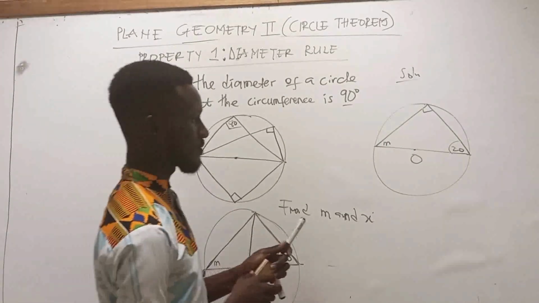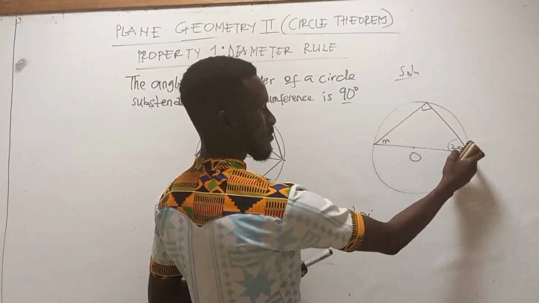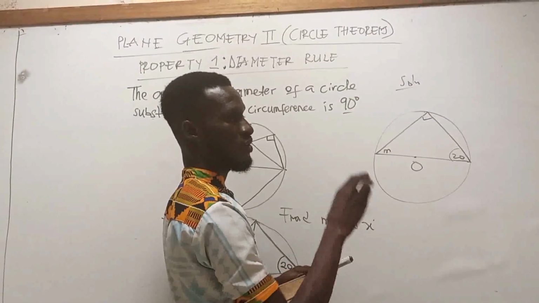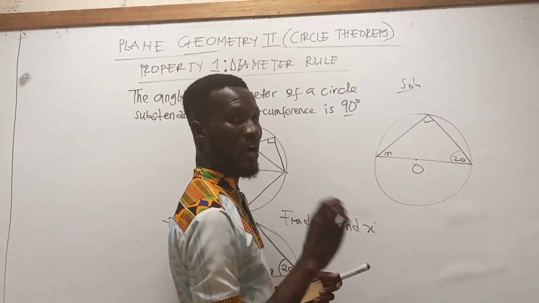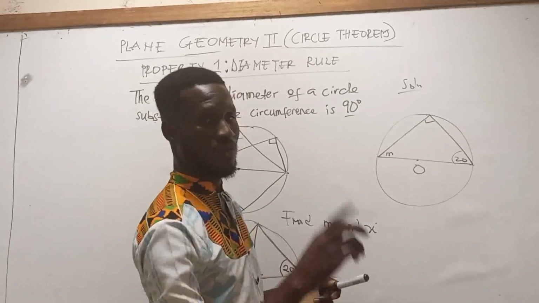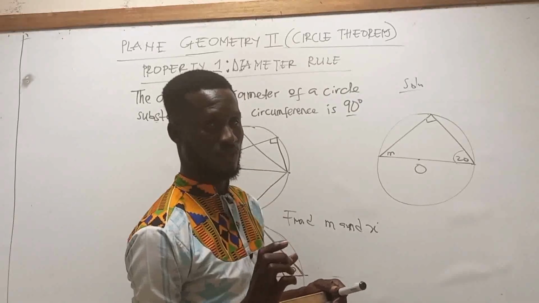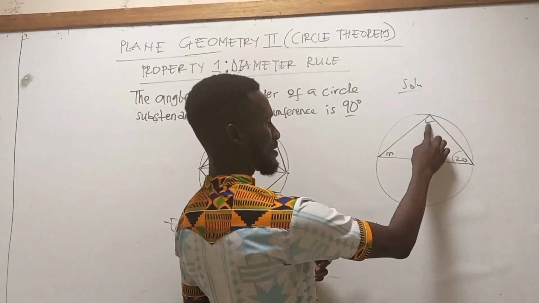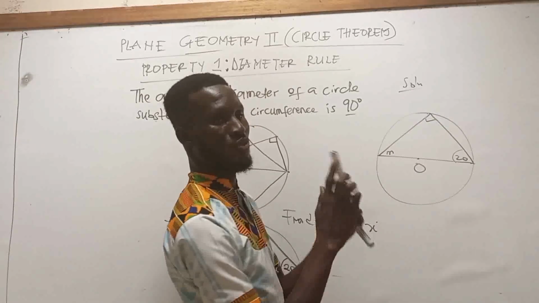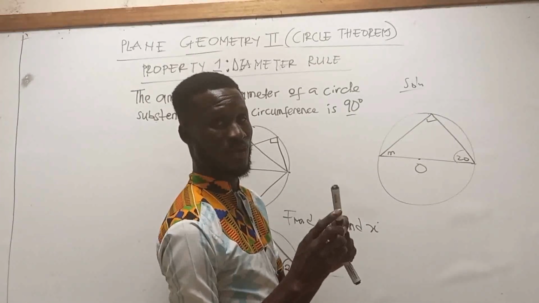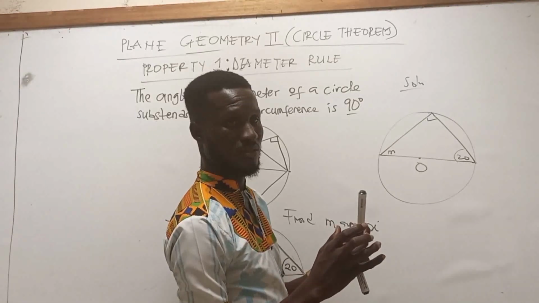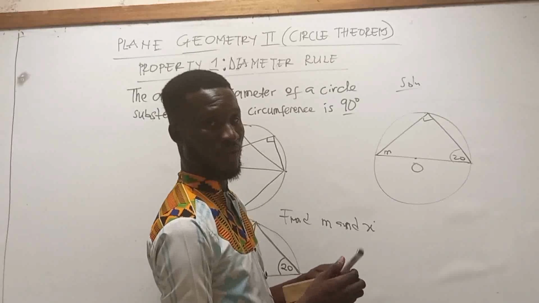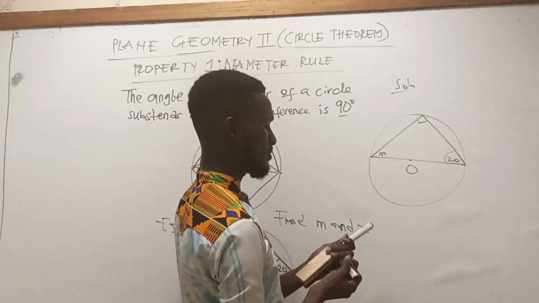Because look at something. This one forms a triangle. And the sum of the interior angles of a triangle is 180 degrees, from our previous video. So this side plus this side plus this side is supposed to give us 180 degrees because it's a triangle. So this one becomes simple. We can easily get a value for M. So let's see.